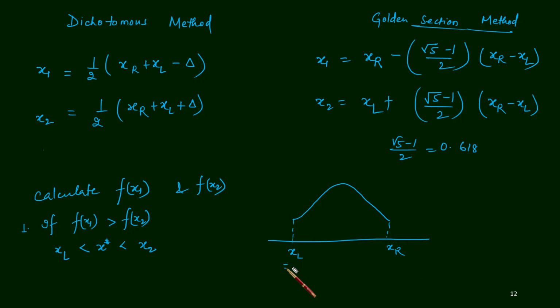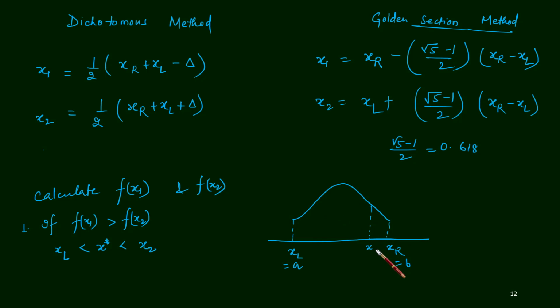Right now it is a and this is b, so xl is taken as a and xr is b. xl and xr are actually variables, left x and right x. Take two points in between somewhere.